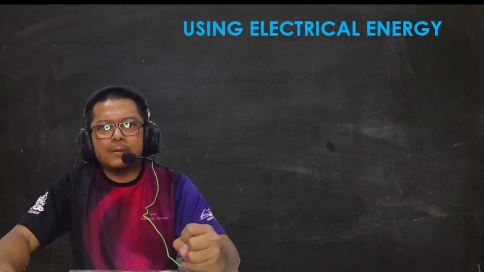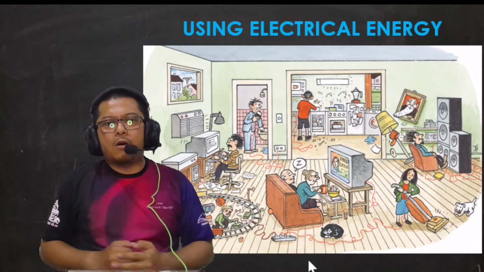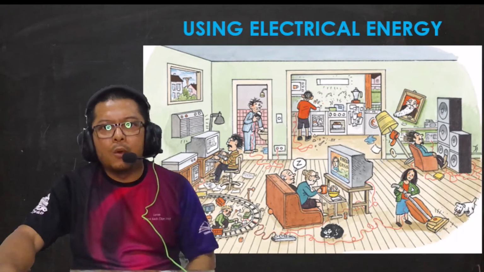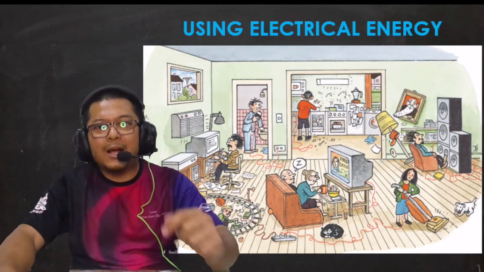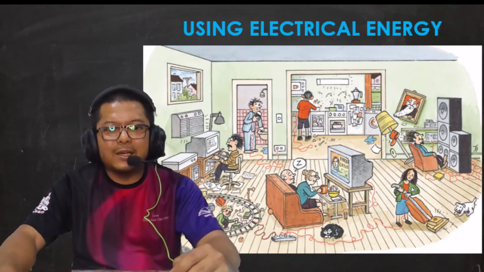So next, now this is a picture of how we use electricity at home. What I need you to do after this is to take a look and identify objects that use electricity, and I will give you 30 seconds. You may start now.